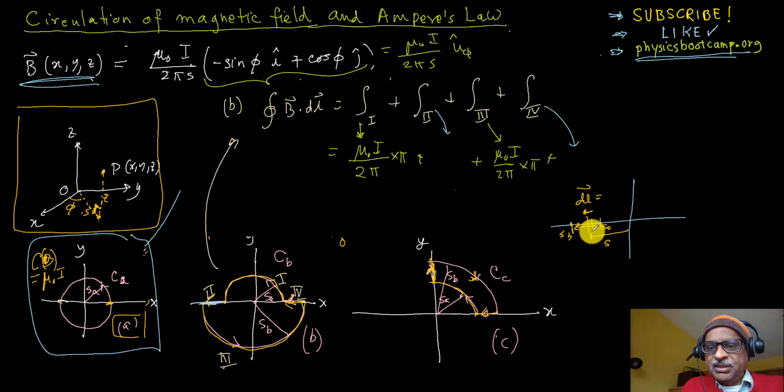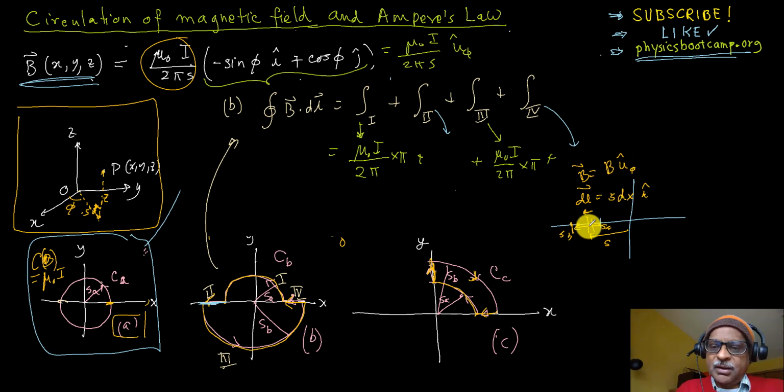So S goes from SA to SB, and dl is going to be dS times the I hat, and B is whatever that whole thing is, B u hat phi.